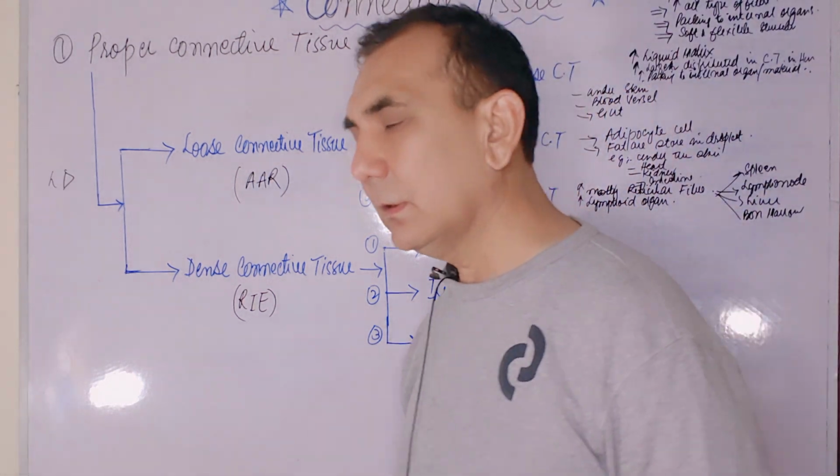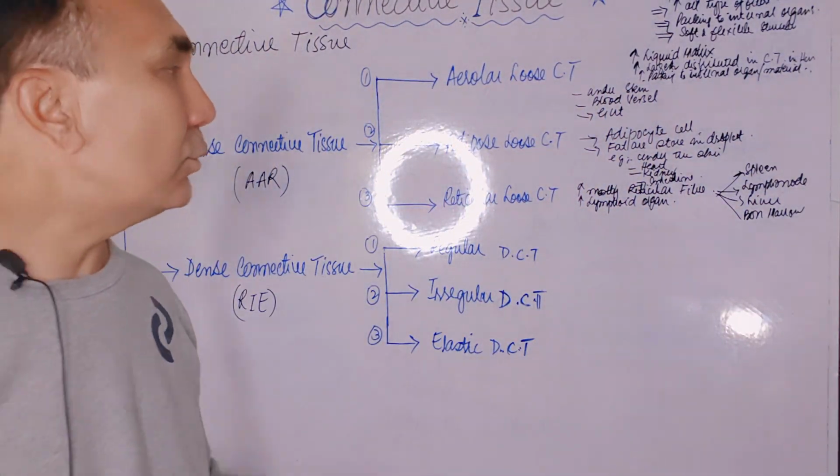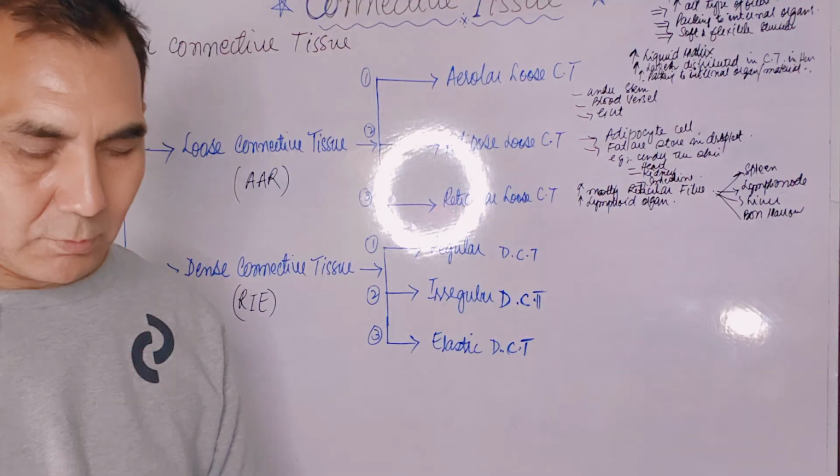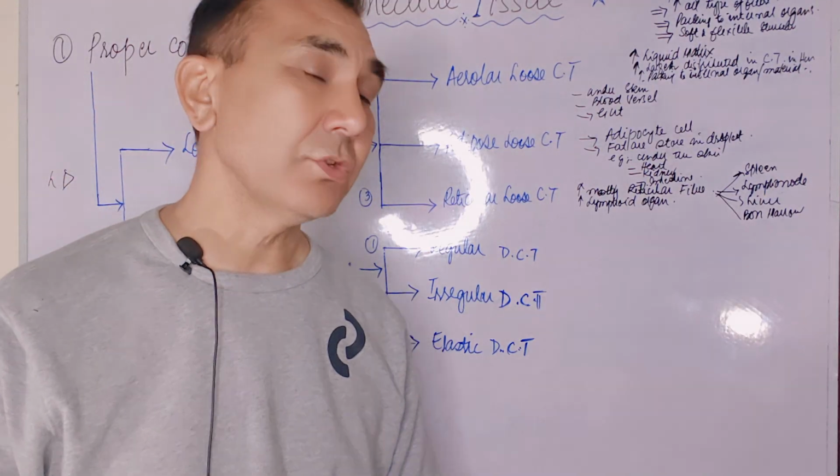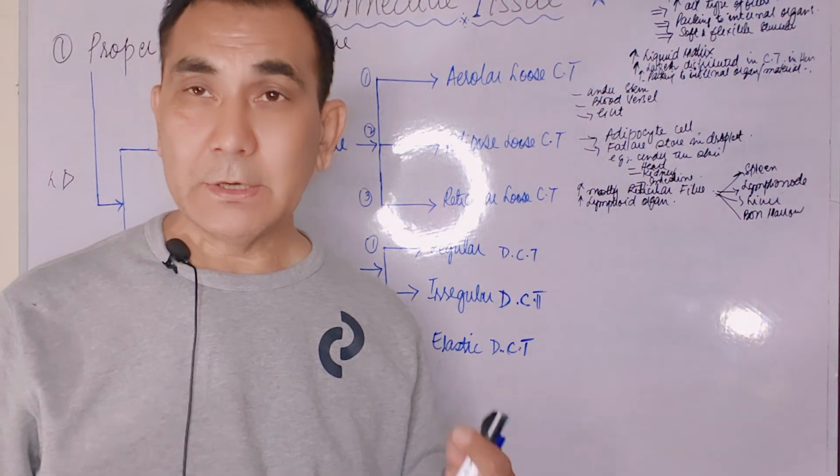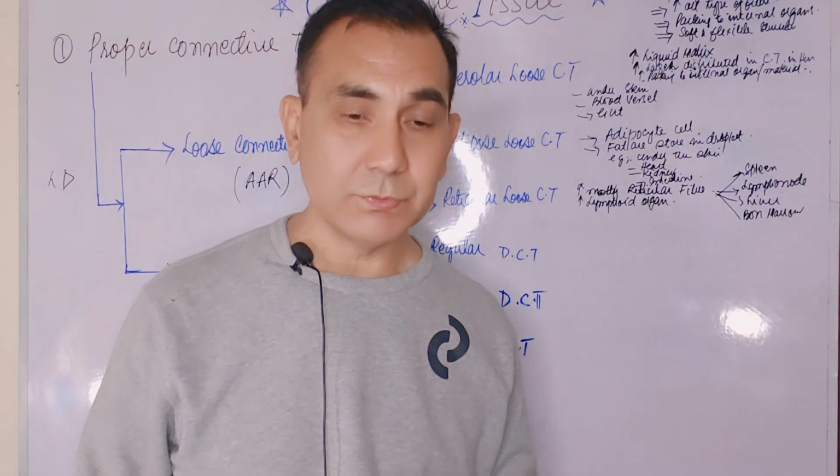So the reticular loose connective tissue mostly makes up the structure of the lymphoid organs or lymphoid tissues.